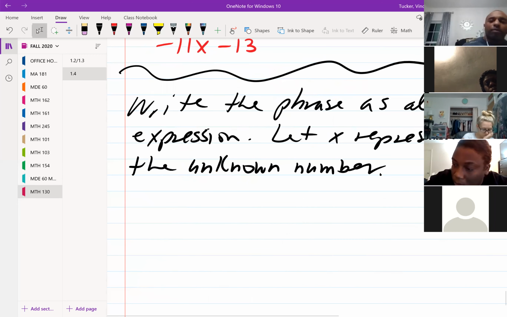All right, so we're going to write the phrase as an algebraic expression. Let x represent the unknown number.